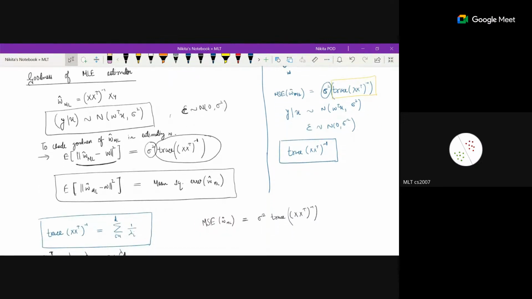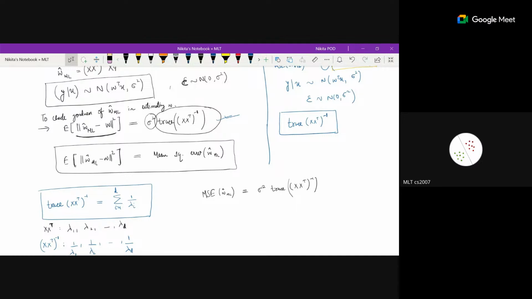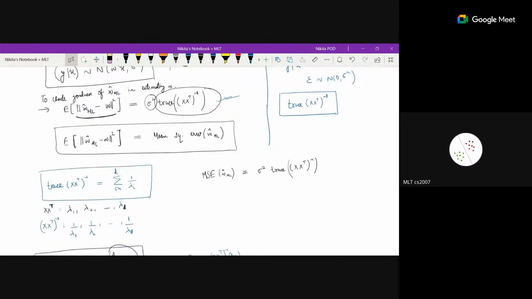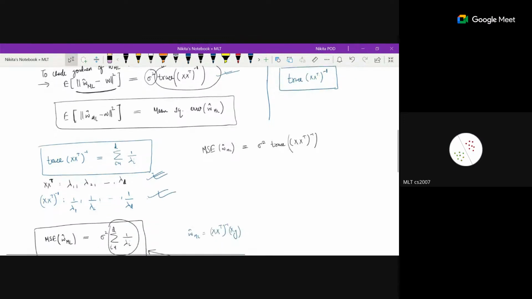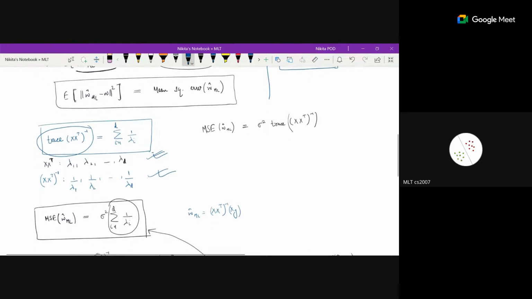So the trace of (XX transpose) inverse: if we assume that lambda 1, lambda 2 up to lambda d are the eigenvalues, then if I take the inverse of this matrix XX transpose, you get the reciprocal eigenvalues. And the trace of this is nothing but the sum over 1 upon lambda i, because trace is just the sum of the eigenvalues.